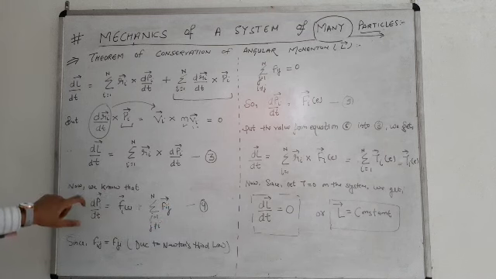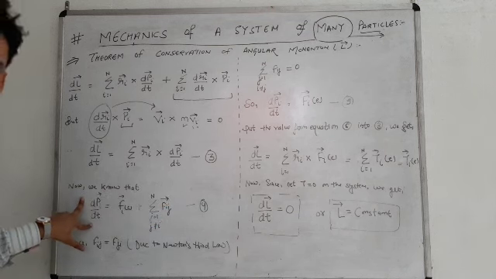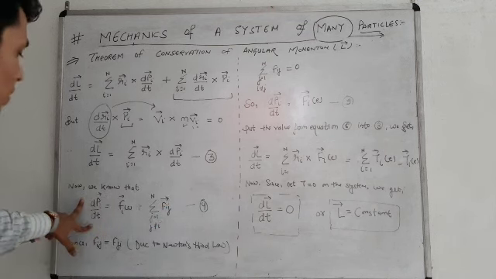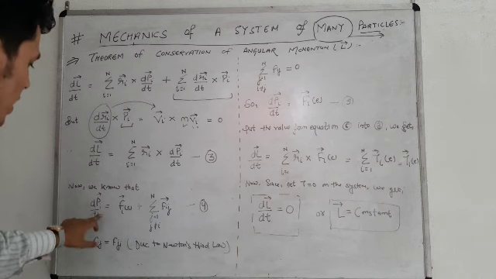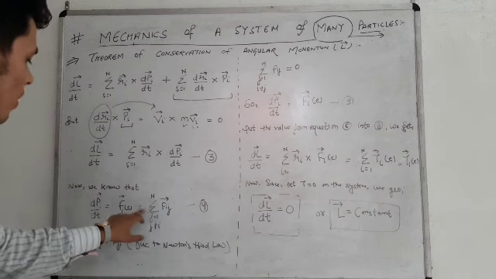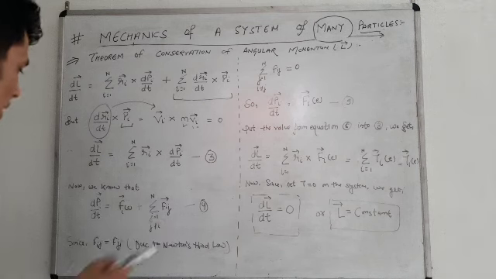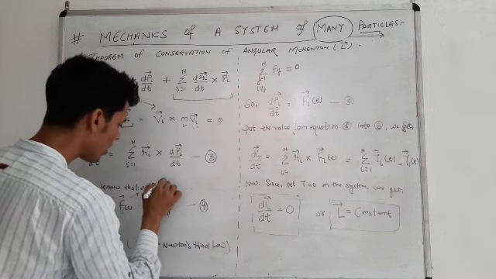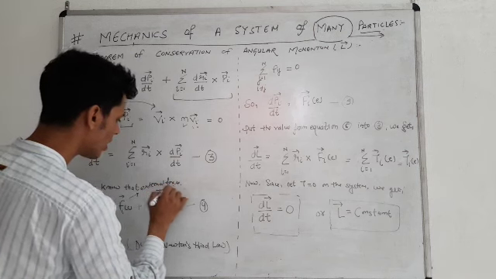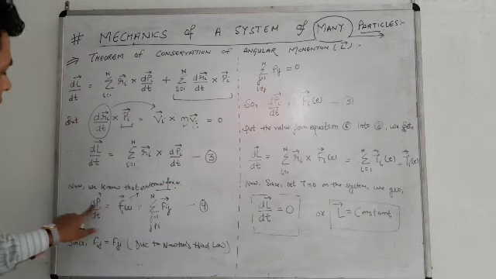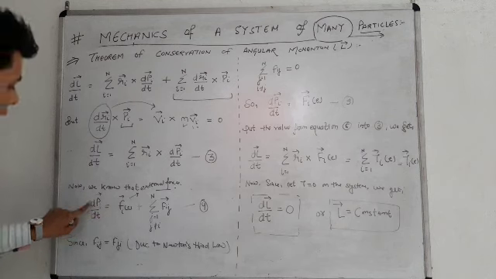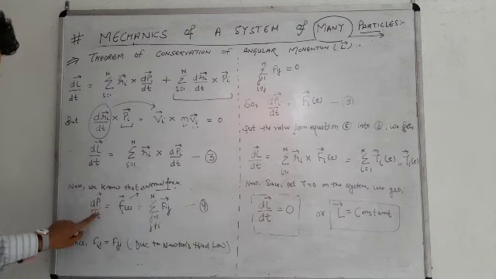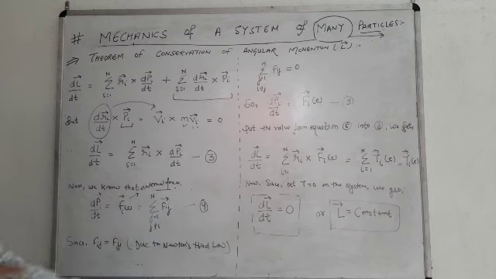Now from the last lecture we know that dpi upon dt is equal to Fi external force plus the internal force. The rate of change of linear momentum with respect to time of the ith particle will be equal to the force.